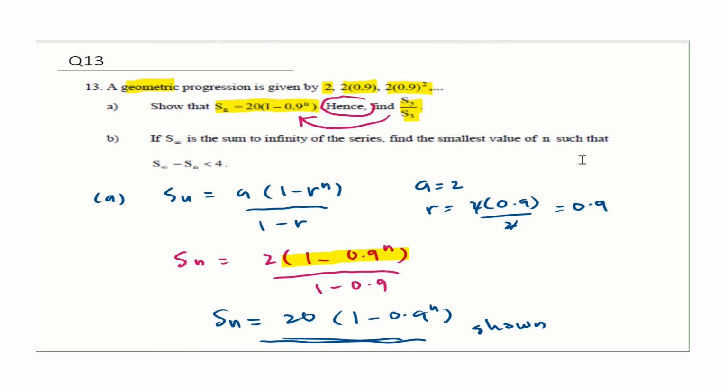Such that S infinity minus Sn is less than 4.